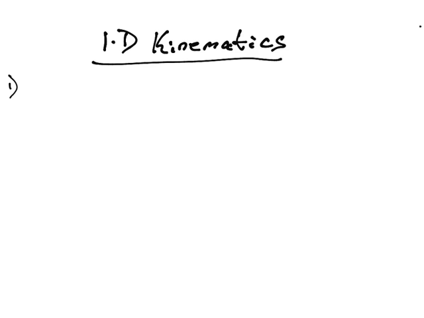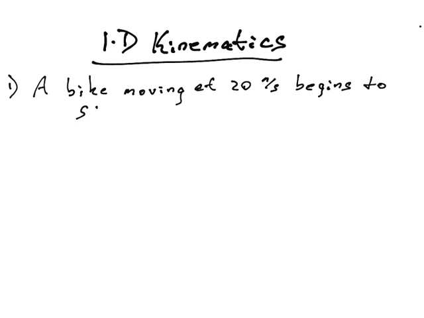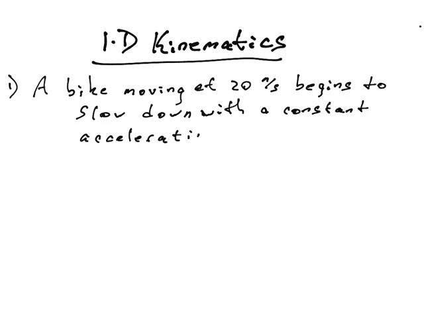For our first example, let's say we have a bike moving at 20 meters per second, begins to slow down with a constant acceleration of 2 meters per second squared.